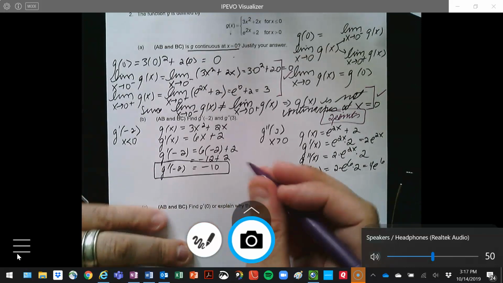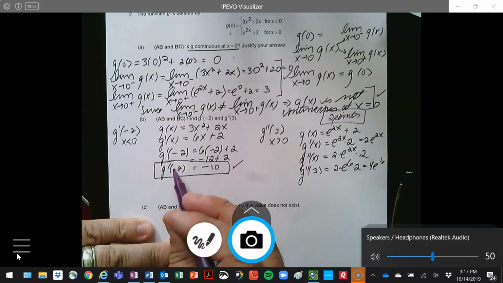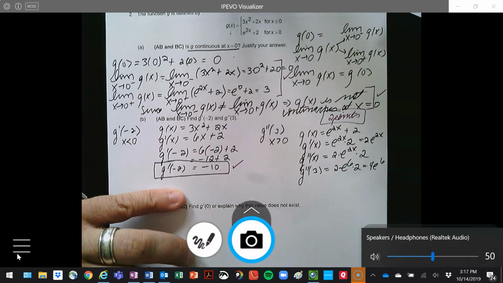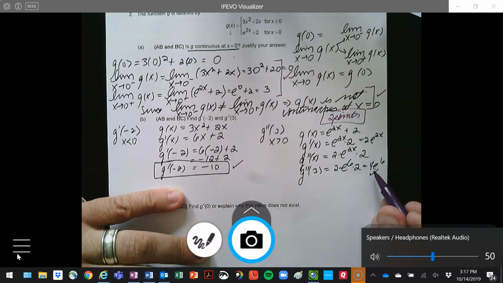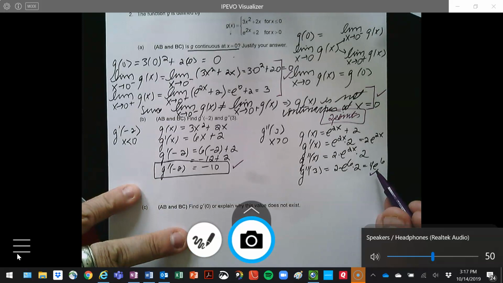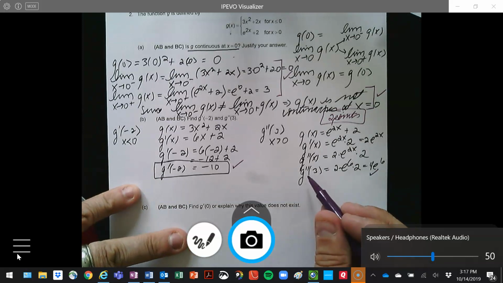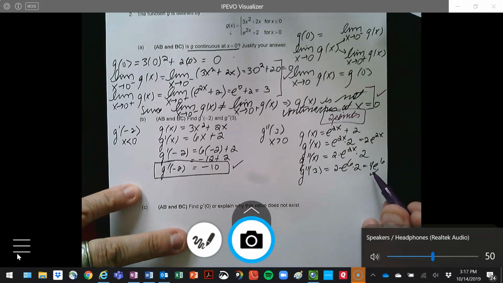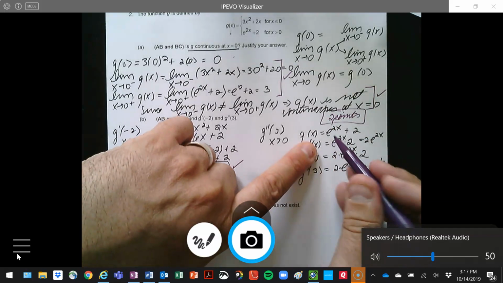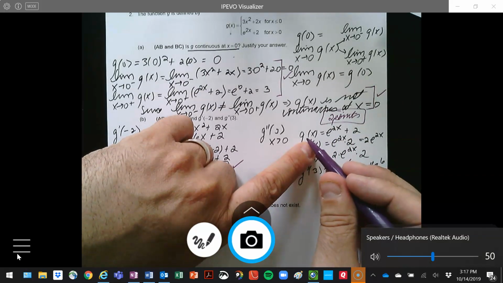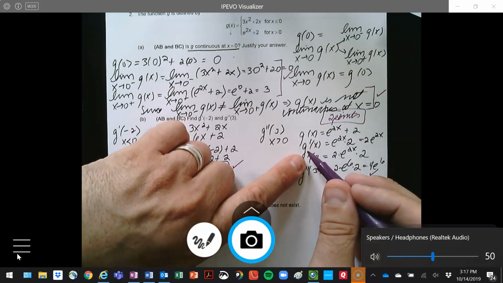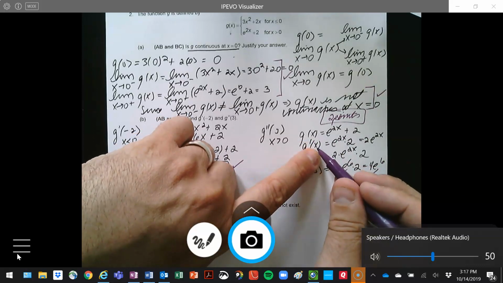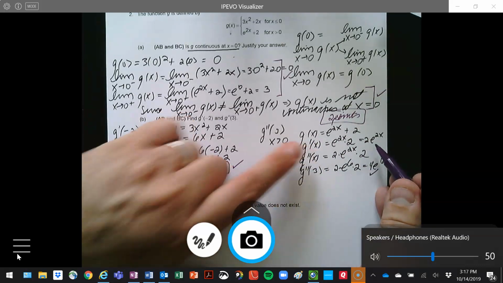Part B is worth 2 points. 1 point for the derivative of g at -2. 1 point for the second derivative of g at 3. Be careful that you don't make any mistakes in your notation. A big mistake students would make is they'd say g of x equals e to the 2x, and then say something like g prime of 3 equals 2e to the 2x.